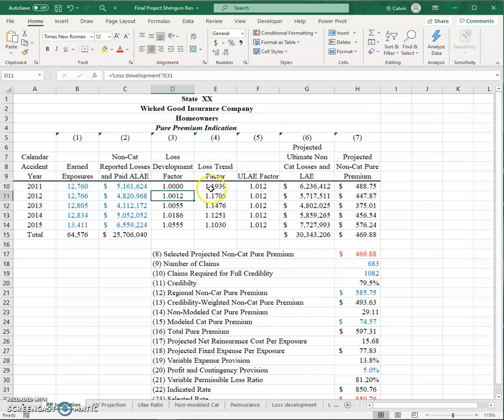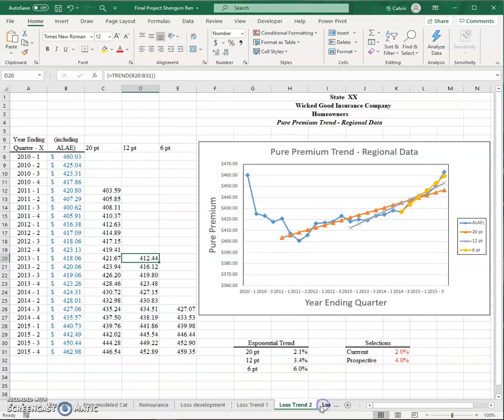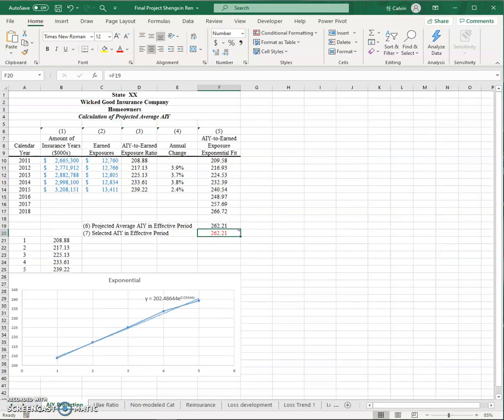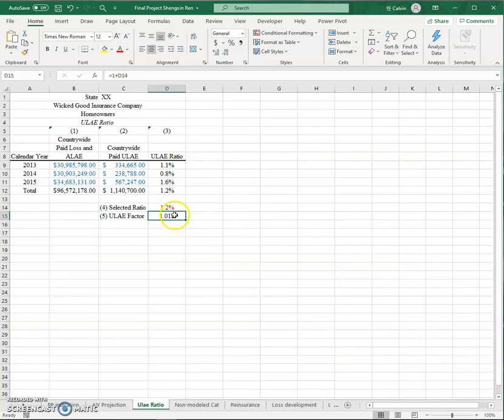And the loss trend factor we also calculated already. It's right here. Use those numbers. And the ALAE factor we also calculated. It's right here. The same 1.012.